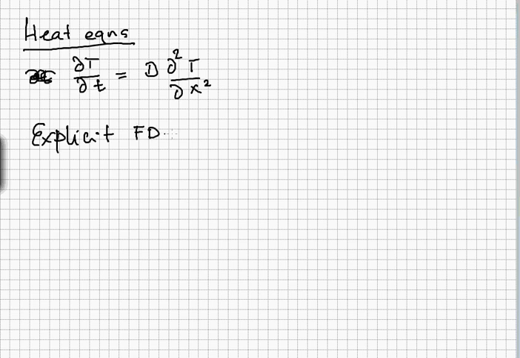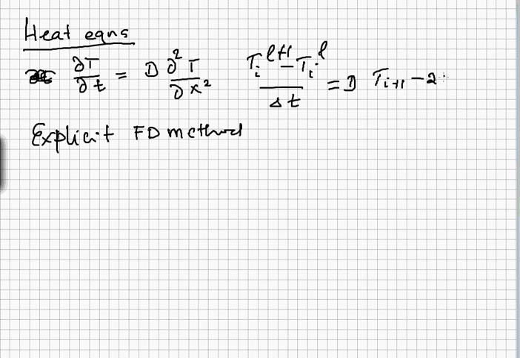Explicit finite difference method. The method was very simple. We basically approximated this equation in the form (Ti^(l+1) minus Ti^l) divided by delta t is equal to D times (Ti+1 minus 2Ti plus Ti-1) divided by delta x squared.